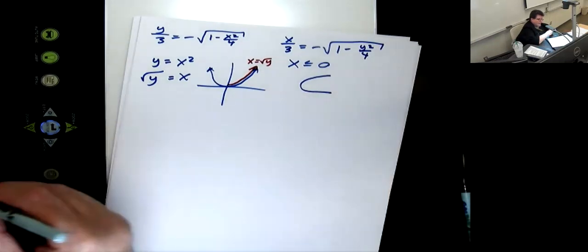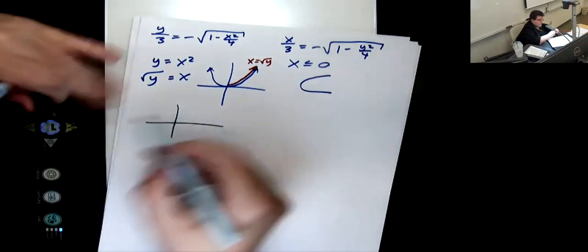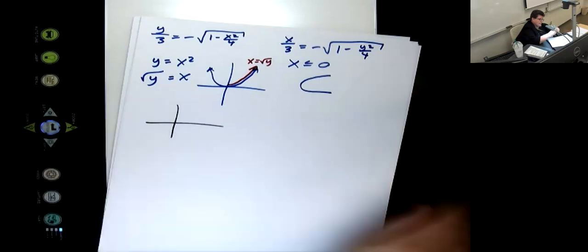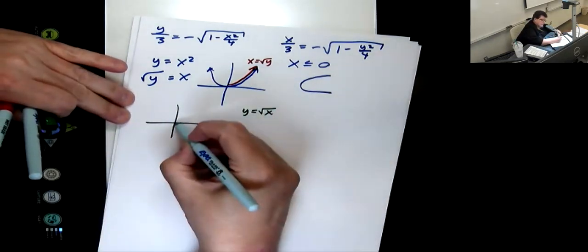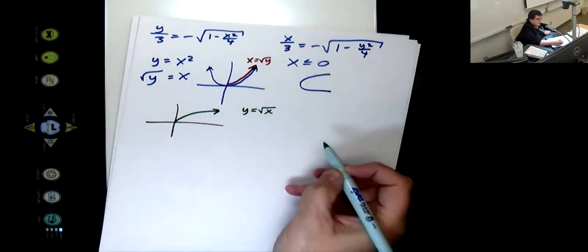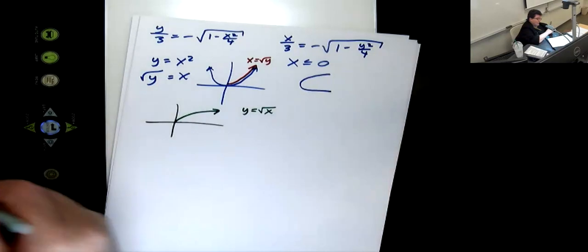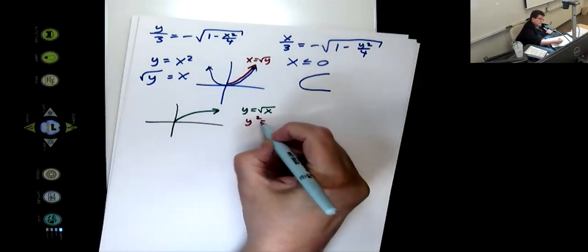Another way you would see it, and you're more likely to have seen this, is y equals square root of x. y equals square root of x looks like this. We've done the graph of y equals square root of x before. But if you square both sides here, you get y squared equals x.